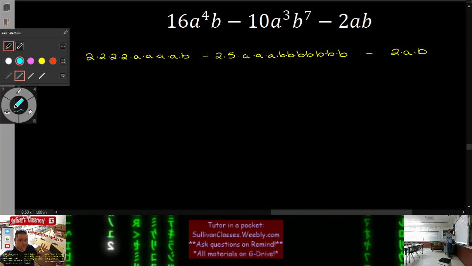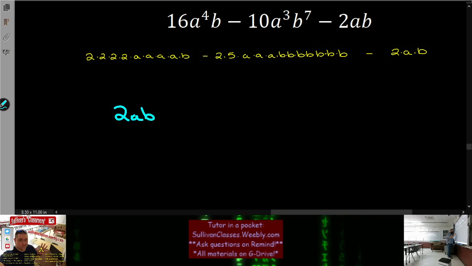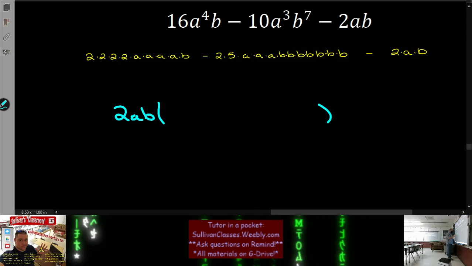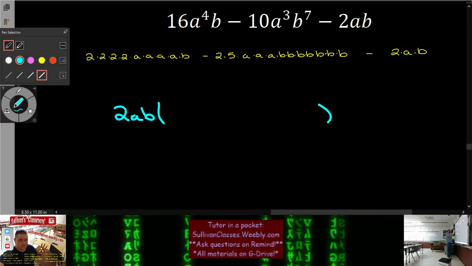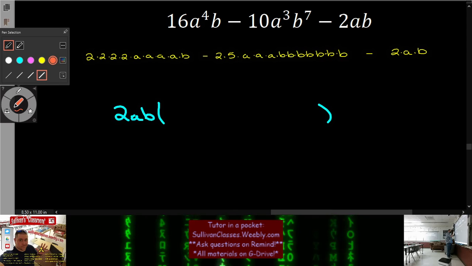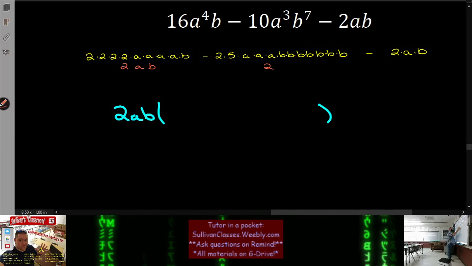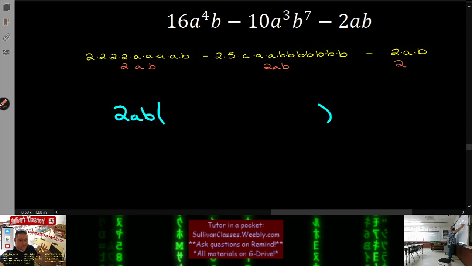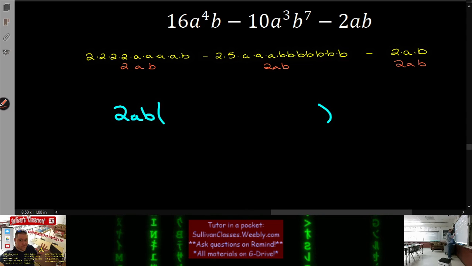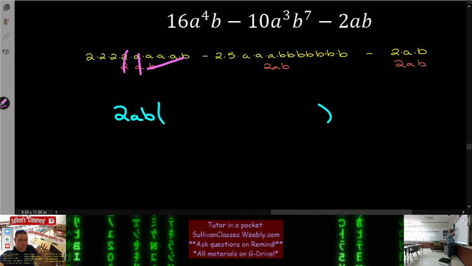So here's the catch. When you have a 2, an A, and a B coming out of there, you have to remember that you're dividing by that. It's not just disappearing. You are taking this divided by 2AB, divided by 2AB, divided by 2AB. So it cancels, cancels, and cancels.